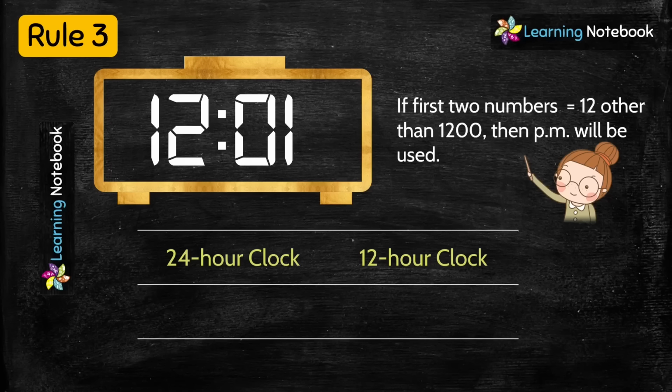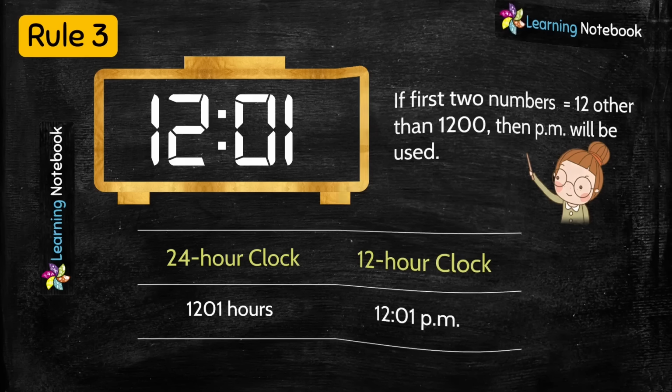Like here, according to 24-hour clock, this time is 1201 hours. So first two numbers are equal to 12, but they are other than 1200 hours. So we will simply put PM after this time. So we will write it as 12:01 PM under 12-hour clock time.